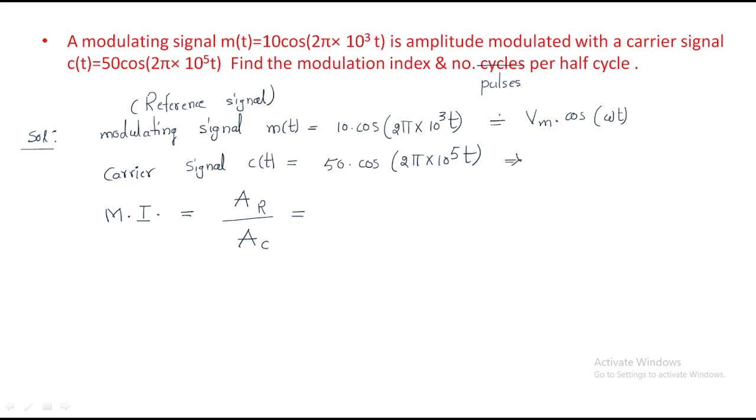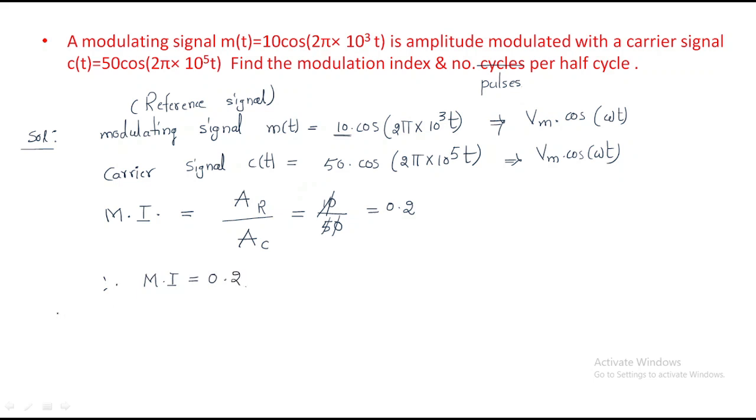From this, the reference signal magnitude is 10 and the carrier signal magnitude is 50. So we get the modulation index value as 0.2.